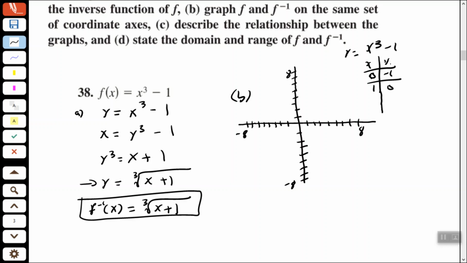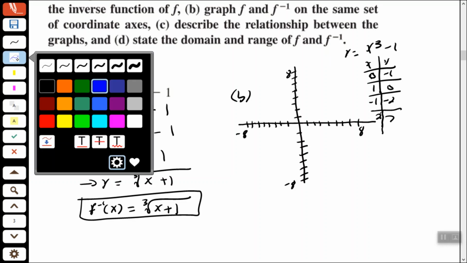And if we plug in negative 1 for x, negative 1 to the third is negative 1, we get out negative 2. And let's say we plug in maybe 2 for x, we get out 7. Okay, so let's see what we have. I'll plot this in blue.